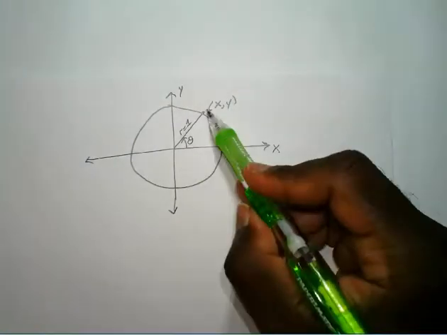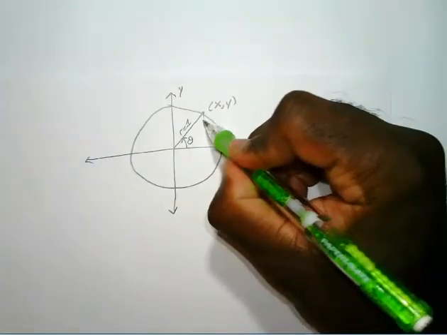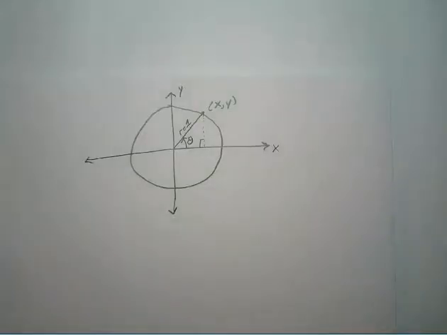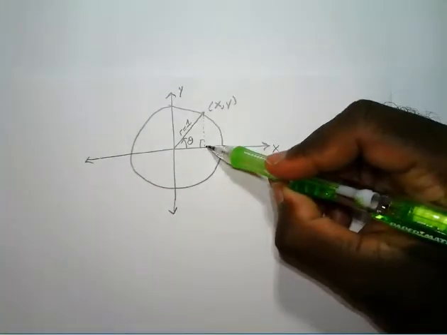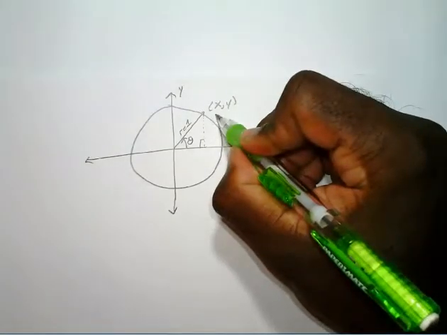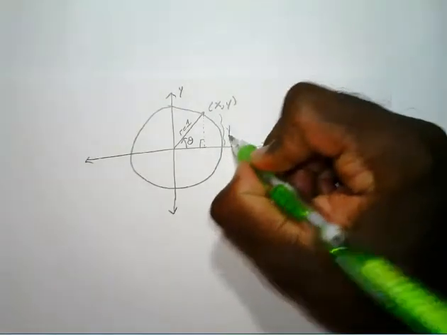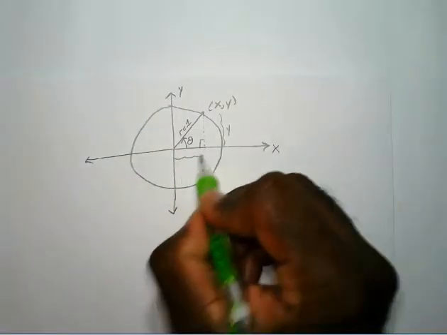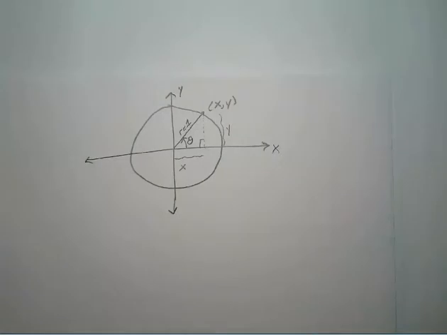Since we're going to any point on that line, let's draw this right here and make that a right angle. Okay, so from this point to this point, this is your y, and from this point to this point, this is the length of your x.